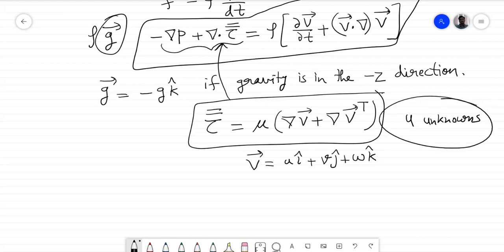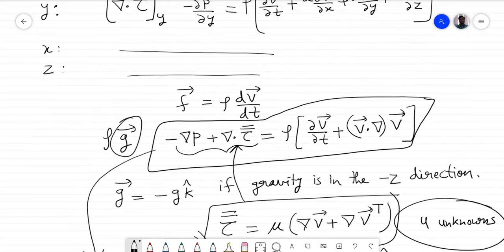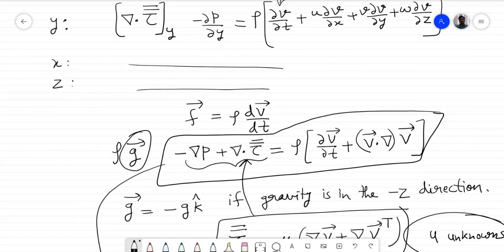We are talking about a special case, that is Newtonian fluids, so that we can apply this constitutive relationship. And how many equations do we have here? This is a vector equation which can be expanded into 3 equations for the 3 dimensions x, y and z.